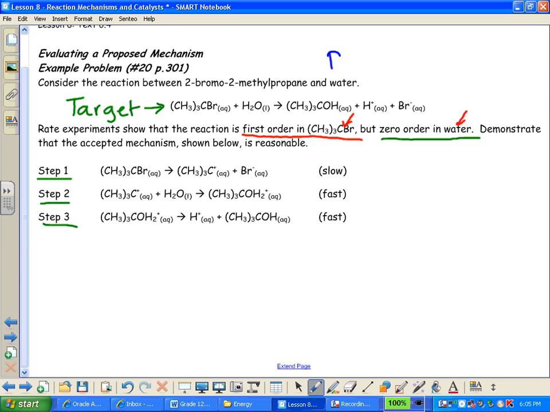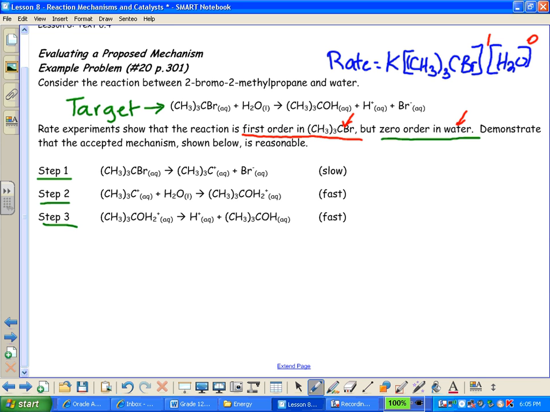The rate law for the experiment, our initial rate law would be, and remember our exponent is going to be 1 because it says it's first order. And then we're going to have our second reactant, which is water, and it has an order of 0.